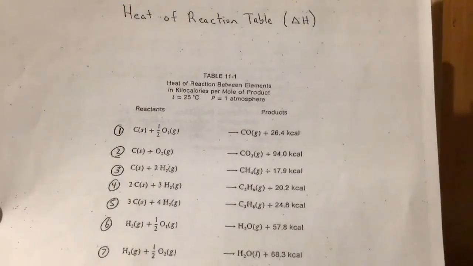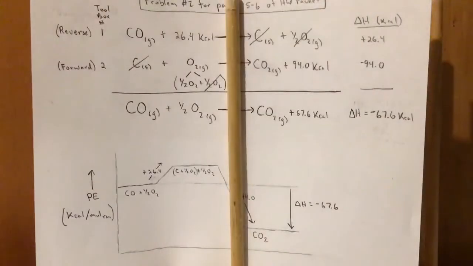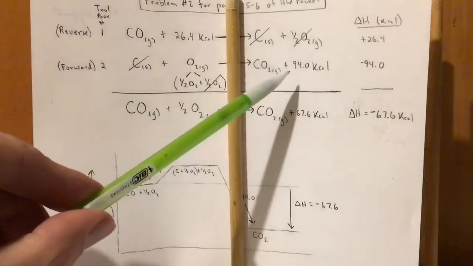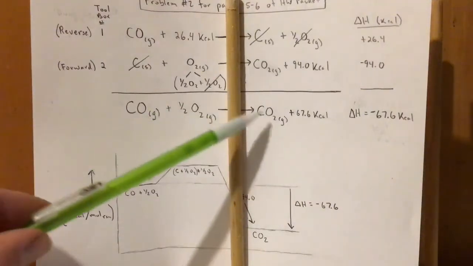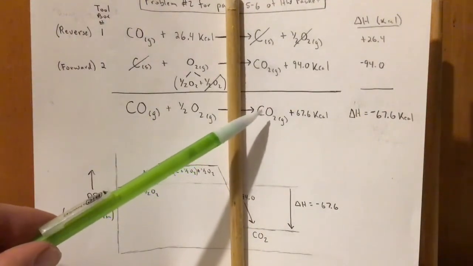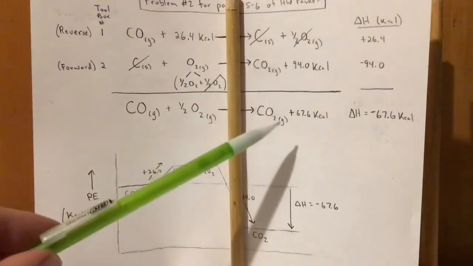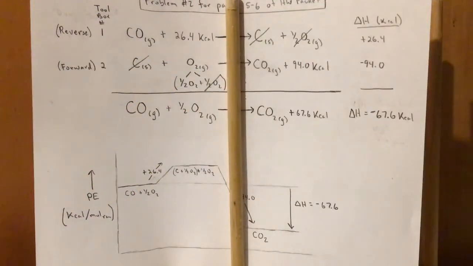So I'm just going to copy this down exactly as I see it. C plus O2 forms CO2 plus 94.0 kcals. And again, if this were more than 1 CO2, I'd multiply it by whatever number I needed to match up here, but in this case, the 1 matches the 1, so I don't have to do that.